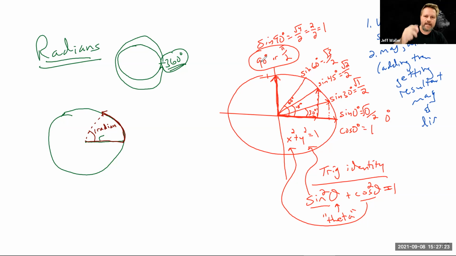One, it's not made up. It is based on actual physical measurements. So it's a natural thing about the circle itself to use to talk about where I am in terms of angular change. This is completely made up, right?